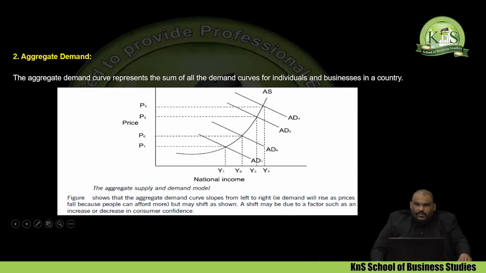Okay, now equilibrium means demand is satisfying supply and supply is satisfying demand. There are various rules when it comes to supply and demand, but that's a topic for another day. It's not really a part of your syllabus. I'm just giving you an overview of the whole concept, right?